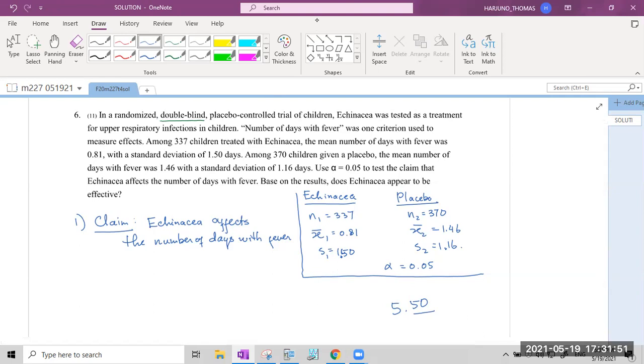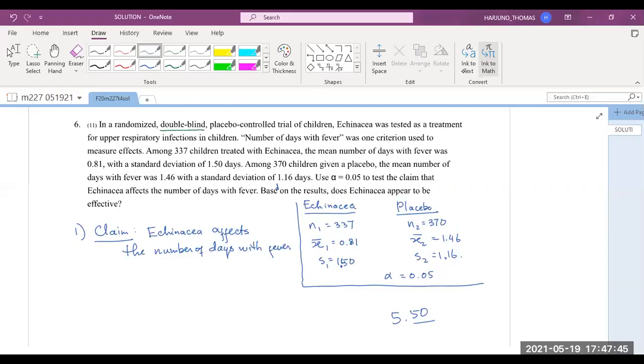Now I may start working on this problem before 5:50. Okay, I will start. Notice the following. The claim that we are testing is that the echinacea affects the number of days with fever. So affecting, maybe in the way of shortening that, maybe increasing that. Right?